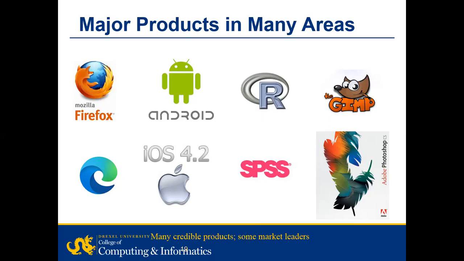You also have products that are a little more complicated. At the moment, Google's Chrome seems to be the leading market share browser. Chrome has proprietary parts, but the heart of Chrome is built on a project called Chromium, which is an open source web browser. So the open source web browser is the core of a proprietary browser that has proprietary elements, Chrome.